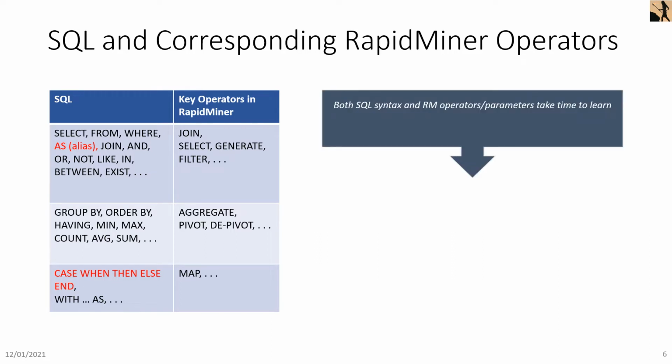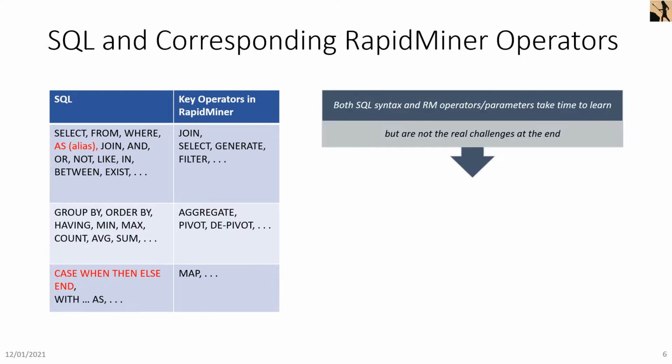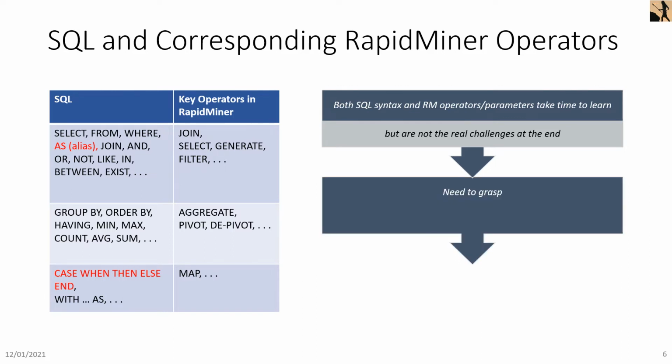But we want to realize in RapidMiner a concept that someone else may have described by SQL statements or in some similar high-level descriptions. Both SQL syntax and RapidMiner operators take time to learn, but they are not real challenges in the end.